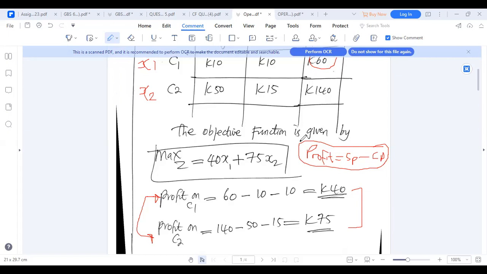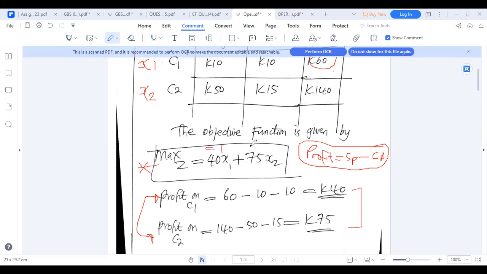So our objective function will be given by: maximize Z = 40x1 + 75x2. So this is our objective function. We are combining: the total profit made on C1 is 40 multiplied by the number of units, so this is the total profit on C1.